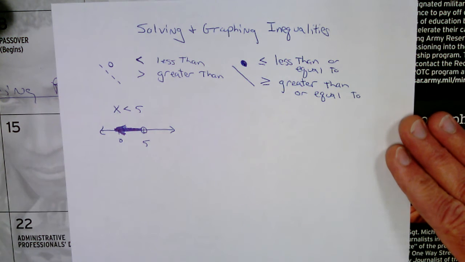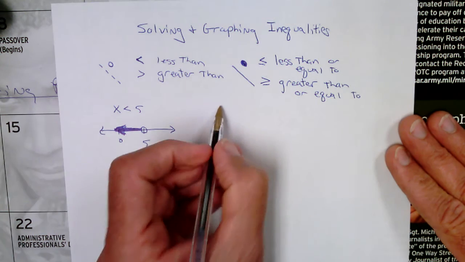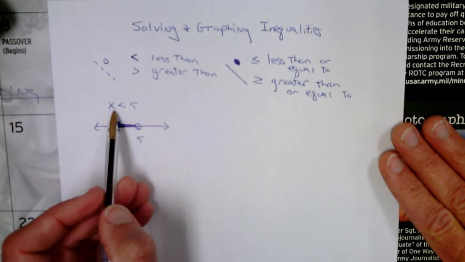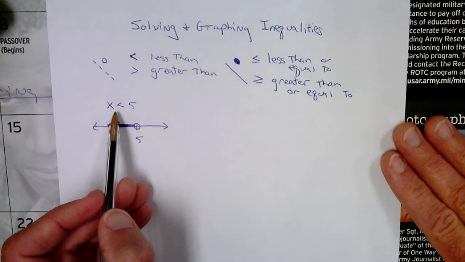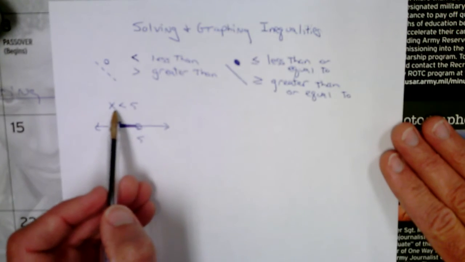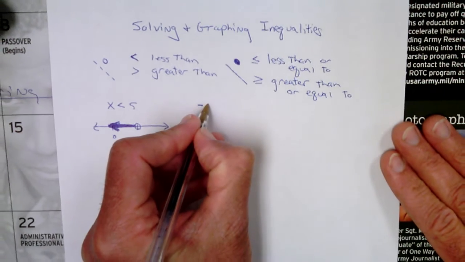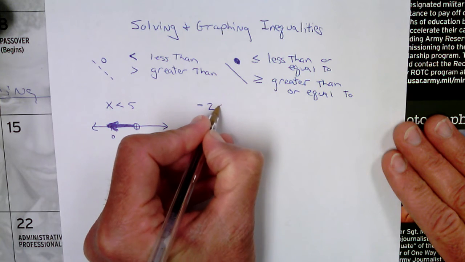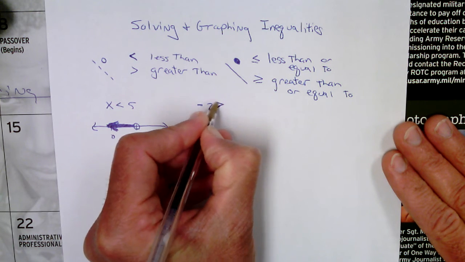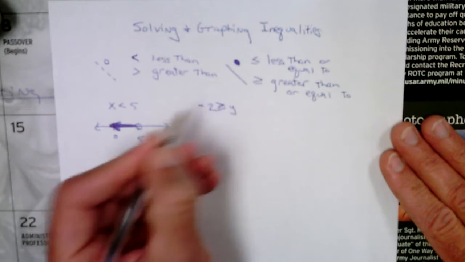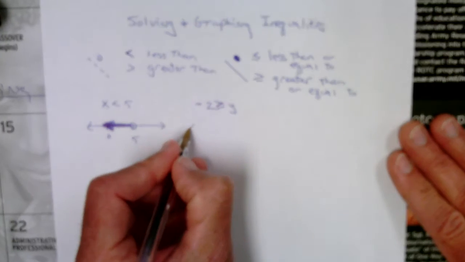All right. Now, sometimes we're going to do two more of these. One, I just want to point out, a lot of people get used to having the variable on the left side there, and the arrow always works. But if you end up with your variable on the opposite side, so -2 is greater than or equal to, let's say, y, let's do that.